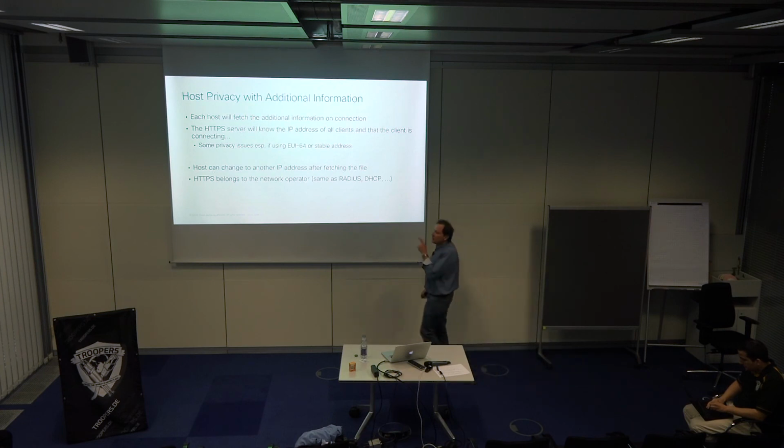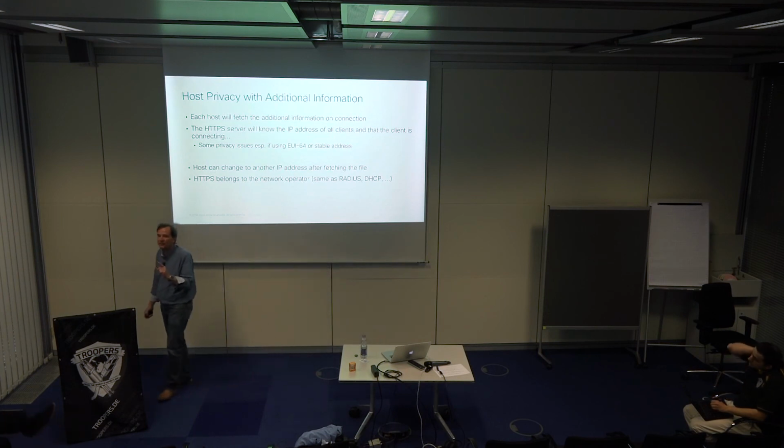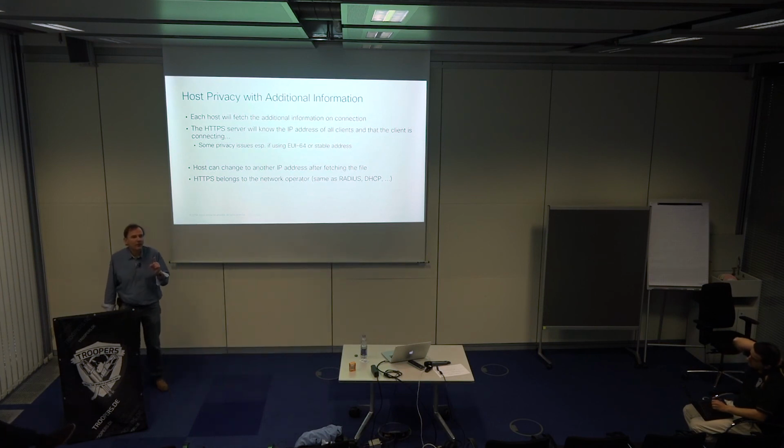Now, the HTTPS server obviously belongs to the organization, is operated by the organization sending the PVD. Okay, so there's a network operator typically, or something close to it. So he knows anyway that you are there, because he has access to the NDP cache of your router. He mostly has RADIUS information or captive portal information, and so on. Okay, so back to square one, right?